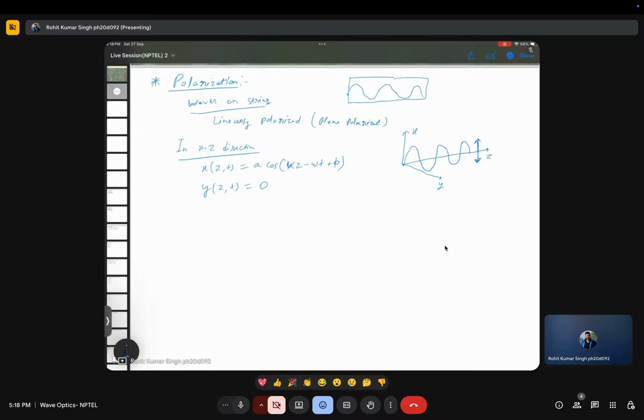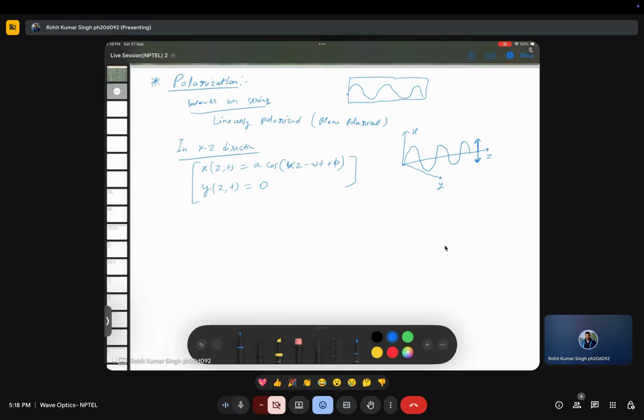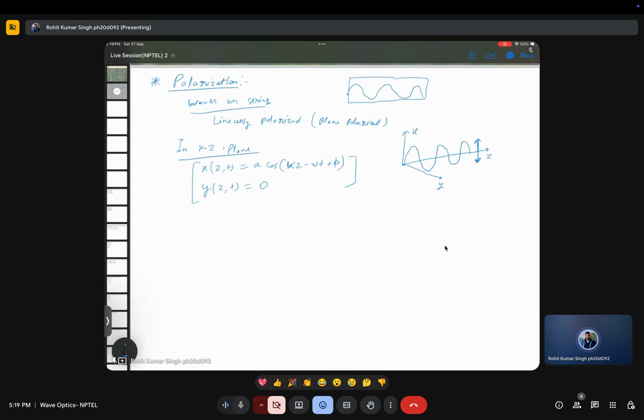So this represents a linearly polarized wave in the xz plane. And similarly you can have a linearly polarized wave in the yz plane, where z is the direction of propagation of the wave.